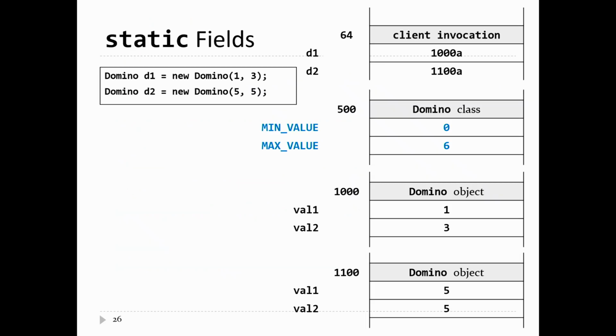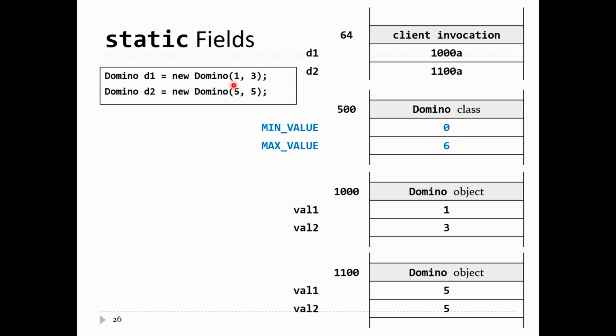So if you make a Domino object, in this code, the first time the Java virtual machine sees the Domino class being used, the class gets loaded into memory. Our Domino class has fields minValue and maxValue, and their values are 0 and 6.